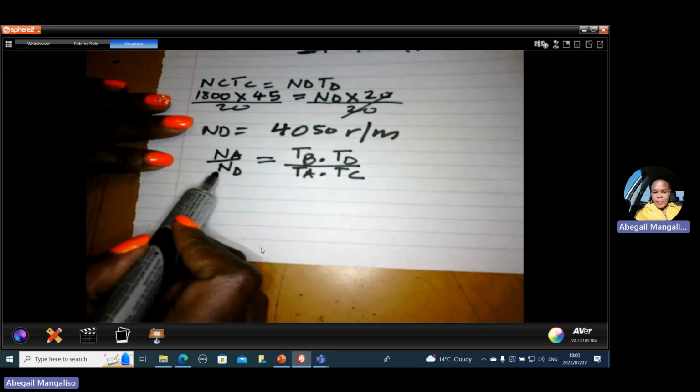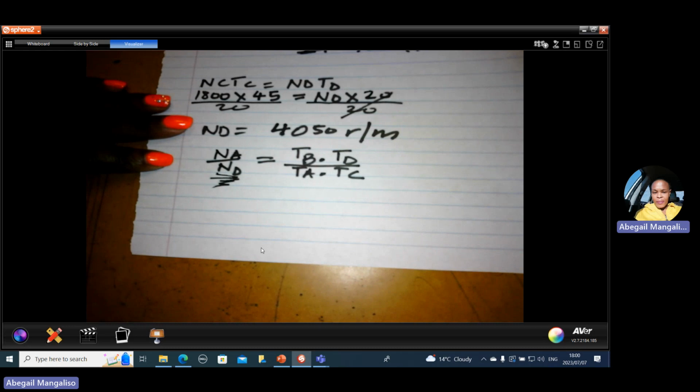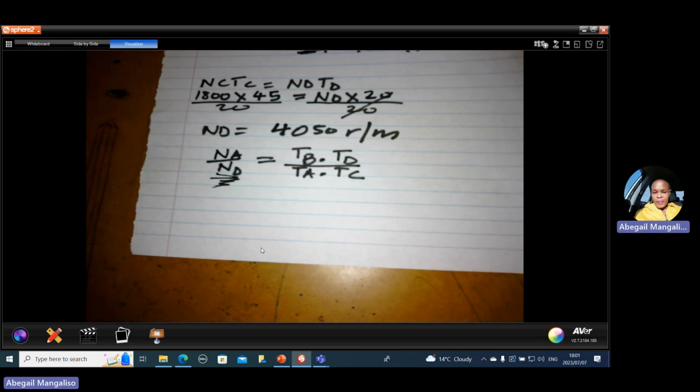This will give you the same answer when you make ND the subject. But you don't have to use this complicated formula. Just remember to equate the gears that are in mesh. And remember, if gears are keyed or mounted on the same shaft, they have the same rotational frequency. Thank you.